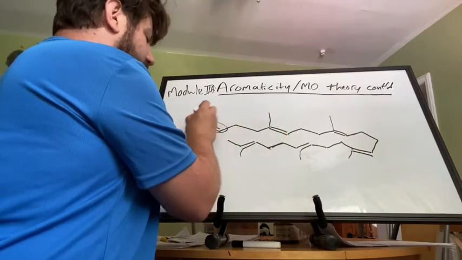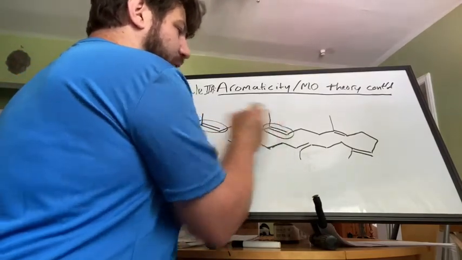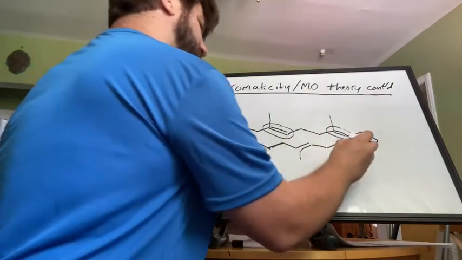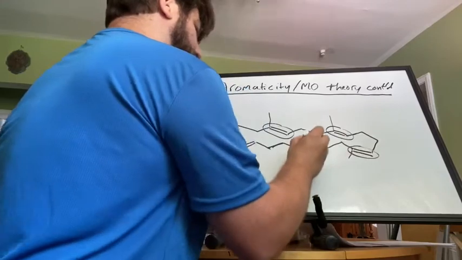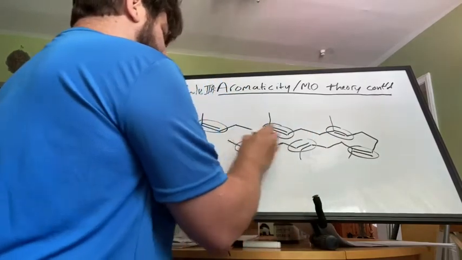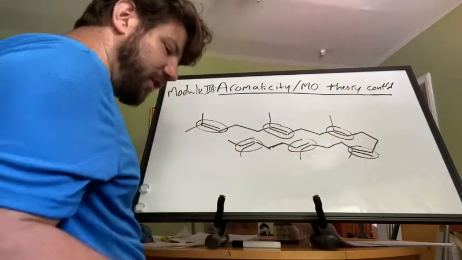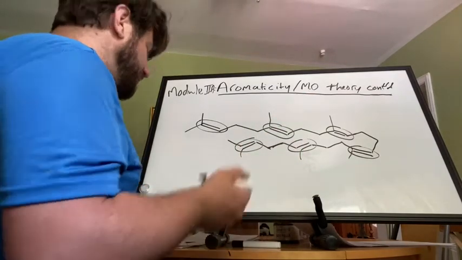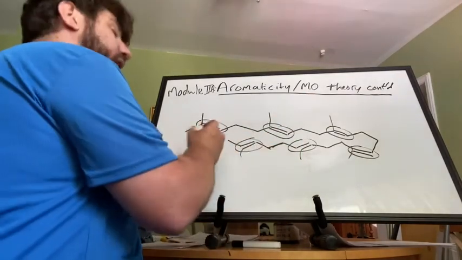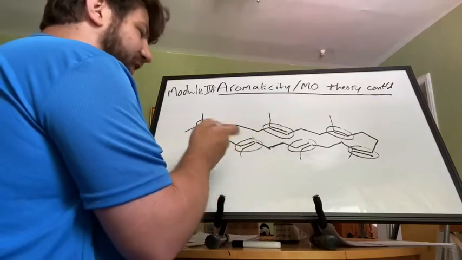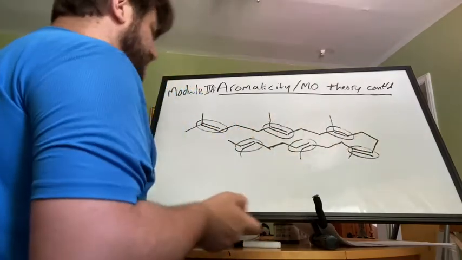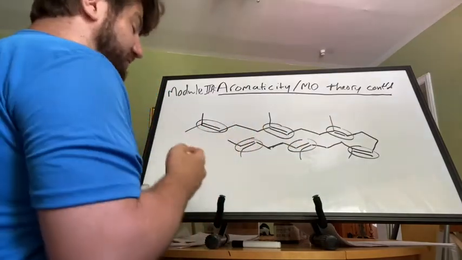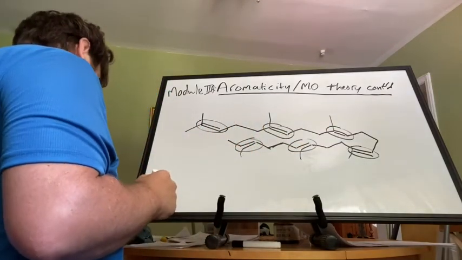So there's going to be one pi system here, one pi system here, one pi system here, one here, one here, one here. In your notes, I have this in a linear construct, so it doesn't look so ugly. So, in other words, the same concept applies. There's just been some rotation here. 1, 2, 3, 4, 5, 6 different pi systems in total.